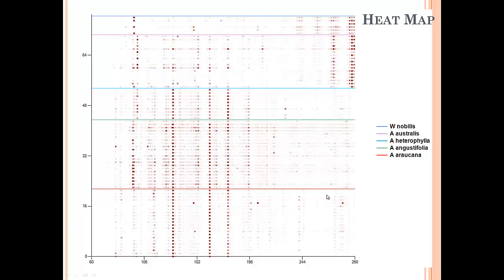At the bottom end of the heat map, below the red bar, are the heat map results for Araucaria araucana. And immediately upon looking at this, you can determine that it is missing or has a lower intensity of compounds than you see on the closely related species, Araucaria angustifolia. And in some cases, you have, like here, a compound that is present pretty predominantly but absent completely in the bottom. And so it is immediately distinguishable from the other taxa in this group.